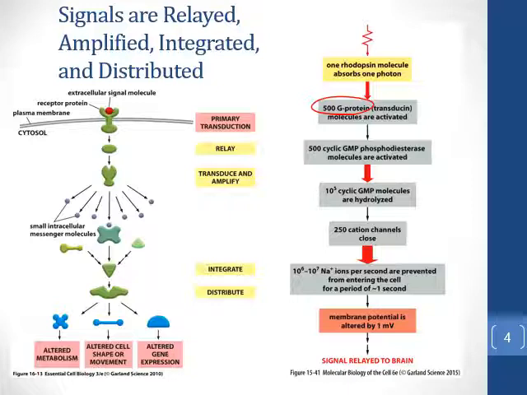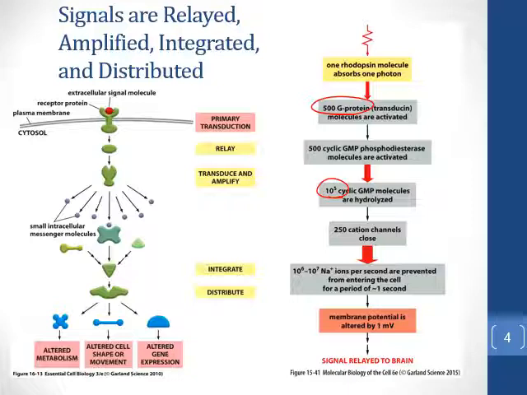Now, there's no amplification there. 500 G proteins activate 500 of these molecules. But 500 of those molecules result in the production of 10 to the 5th cyclic GMP molecules. Now that's massive amplification. In other words, we've got way more than 500 molecules here.